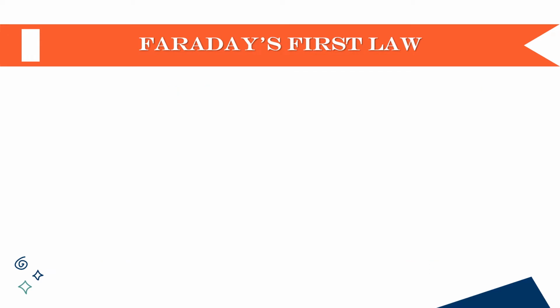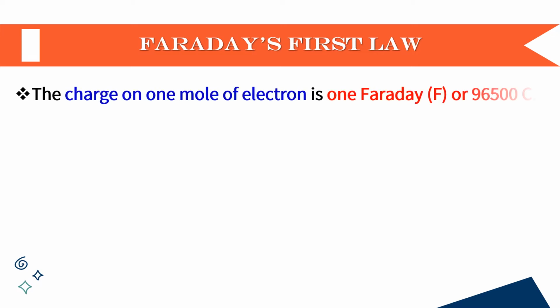Okay, selain daripada equation Q equals to It, another part of Faraday's first law yang penting juga untuk kita tahu dekat sini adalah the charge on 1 mole of electron is 1 Faraday or 96500 coulomb. Maksudnya kalau kita ada 1 mole of electron, 1 mole of electron akan ada 96,500 coulomb of charge.